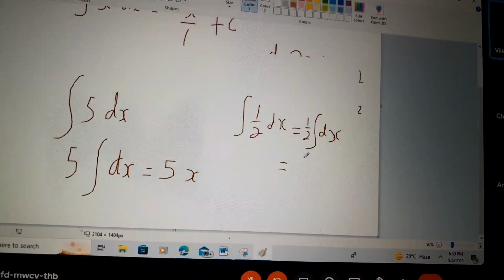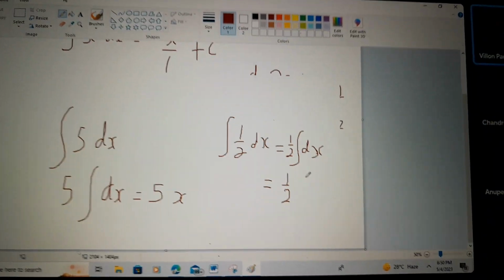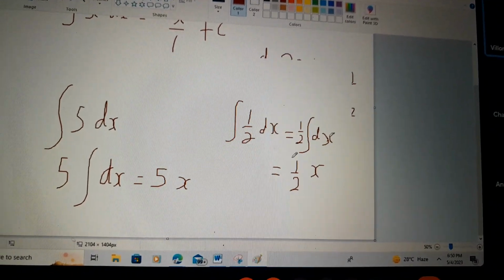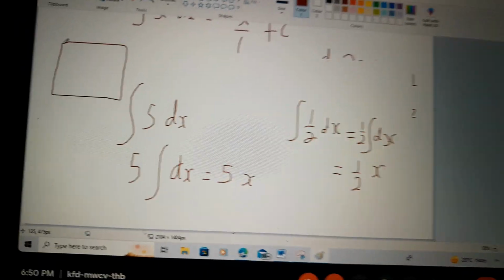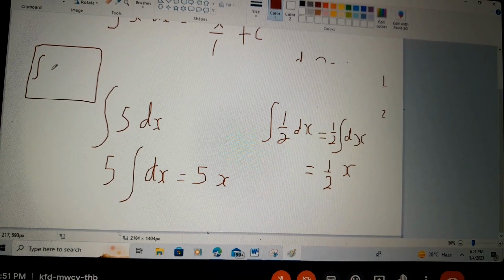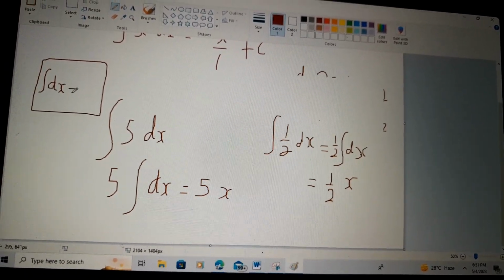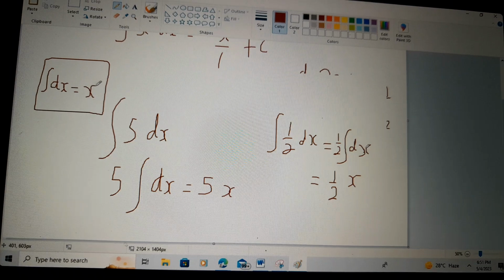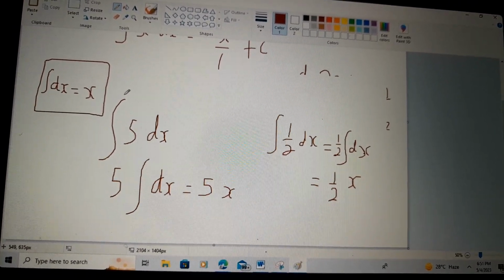So your answer would be half of x. You can make a note of this, that the integral of dx is x. Is that clear to everyone?